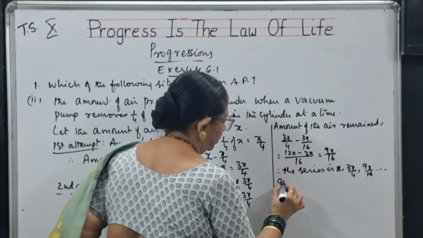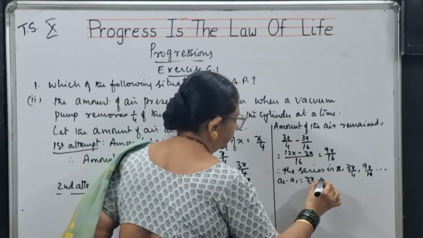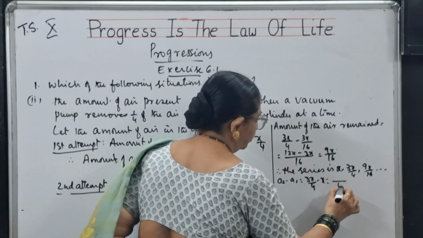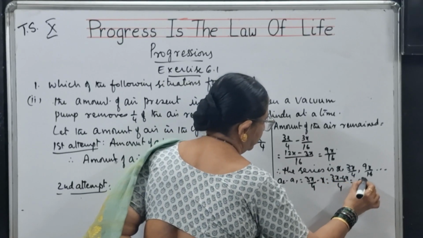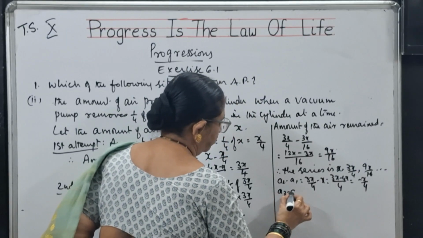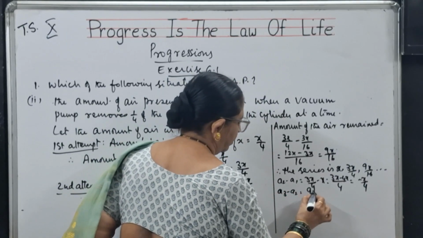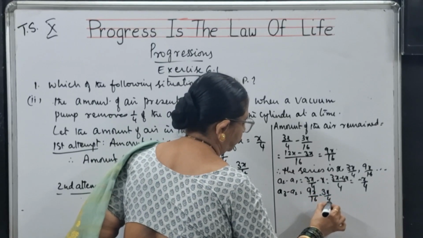So a2 minus a1 is 3x by 4 minus x. 4 is the LCM, 3x minus 4x, that is minus x by 4. a3 minus a2 is 9x by 16 minus 3x by 4.